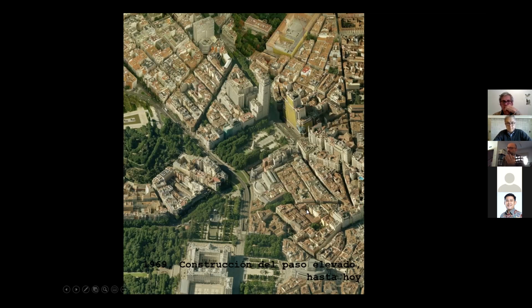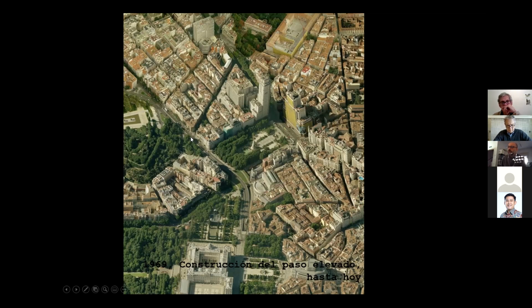Here we were talking about four main decisions which were stated in these four main ideas. The first one was changing the structure of the traffic. So instead of going through, it's going around, and making this very big infrastructure, which is a tunnel that is almost 1 kilometer long.